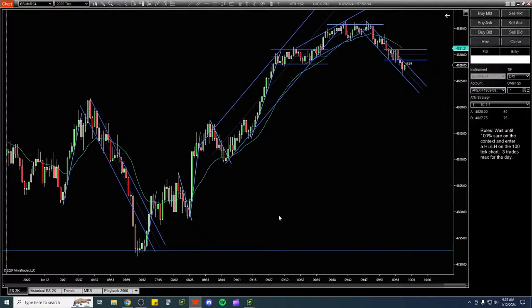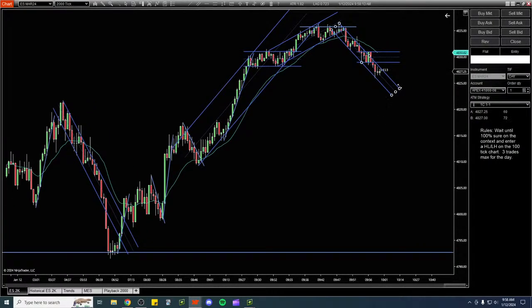You could have a daily range. Definitely looks like the bias is now turning down. This is a sizable downtrend.